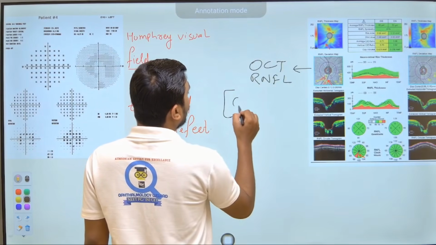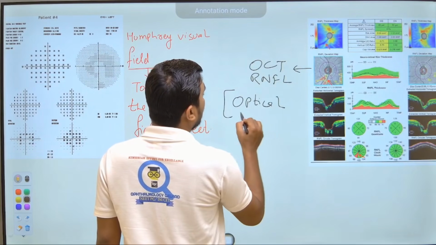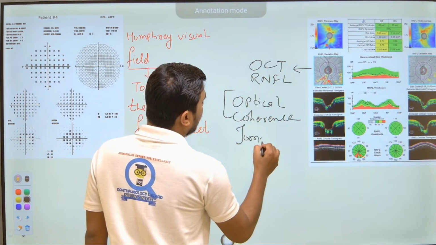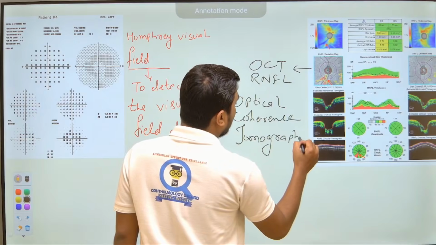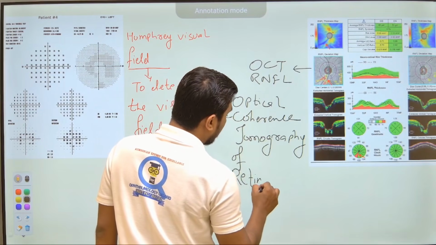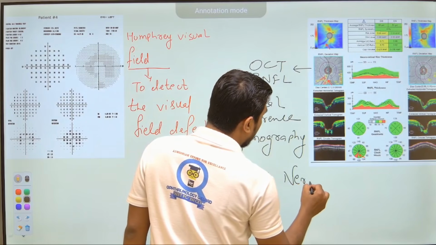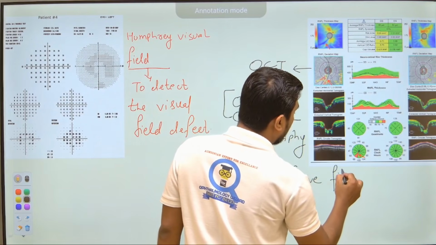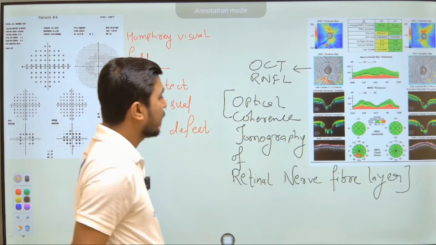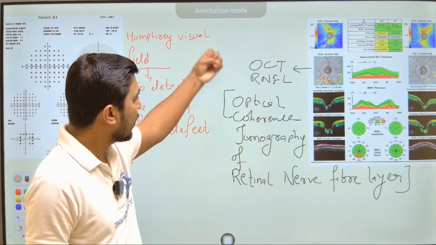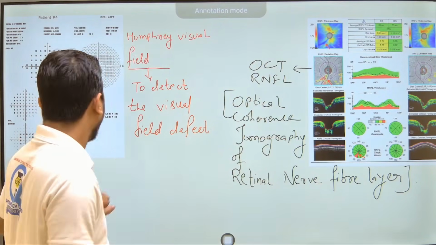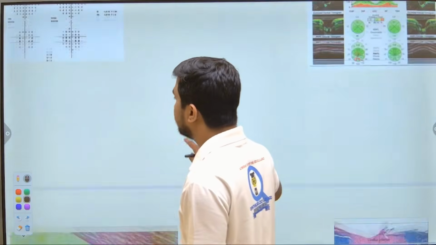Its full form is optical coherence tomography of retinal nerve fiber layer. So this much you need to know only. Okay, moving to the next image.